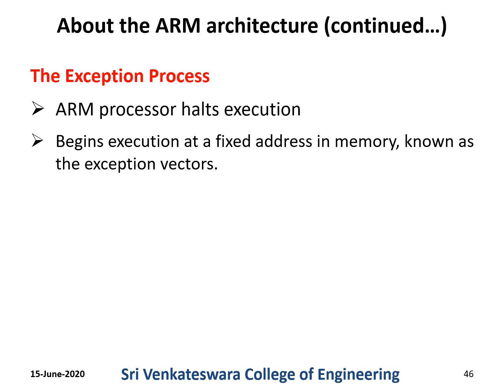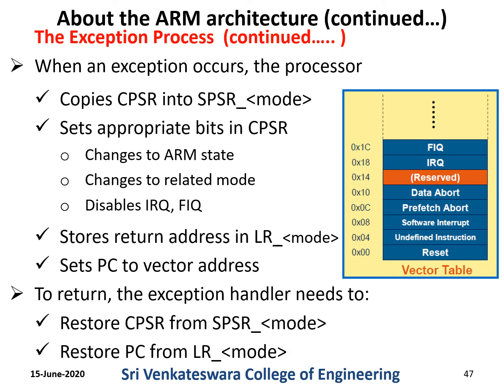Next we will see the exception process. Whenever an exception occurs, the ARM processor stops executing the current instruction and begins execution at a fixed address in memory, which is called the exception vectors. When an exception occurs, the processor also has to switch over to a new mode of operation. So out of the 7 modes of operation, the processor may have to enter one of them.